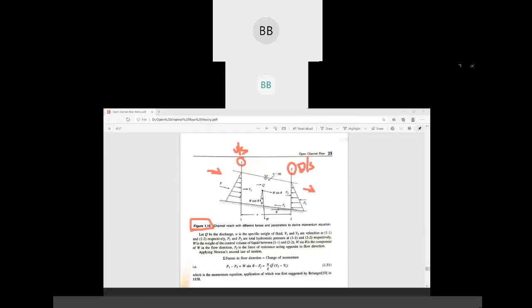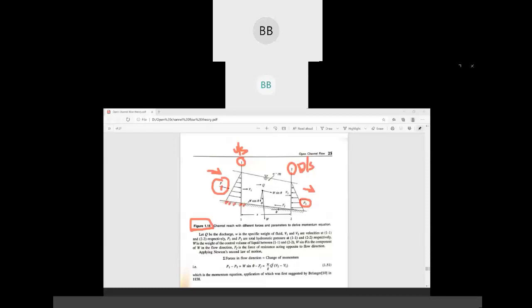So in that section 1, if we consider pressure, we consider it as P1, pressure at section 1. Similarly for pressure at section 2, we consider P2. This is our bed of the channel.